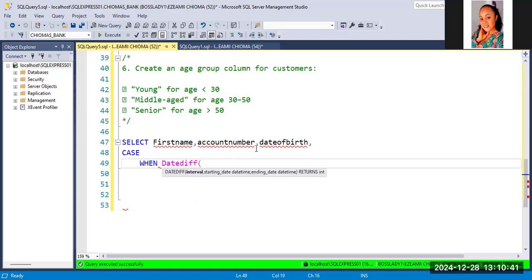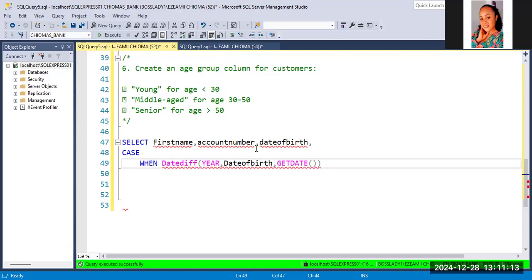Because our date of birth is year, month, and day, we're going to work this out to enable us to know which is more than 30, by using the datediff function. The column we're looking at is the date of birth column. So we use today's date. Let's get date.